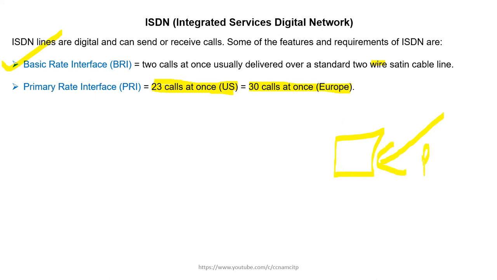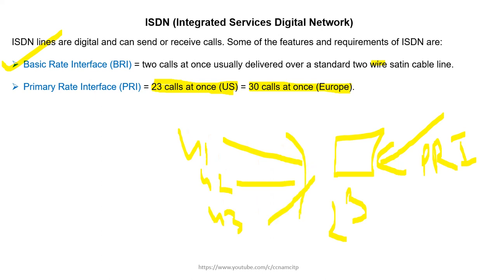So at a time you will get 23 calls. You can communicate with 23 people. For example, user 1, user 2, user 3, they can call at a time from this PRI connection.